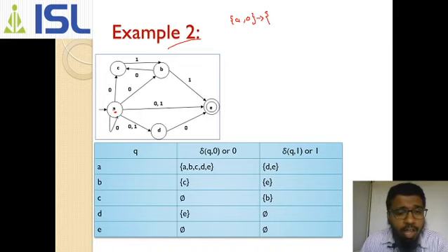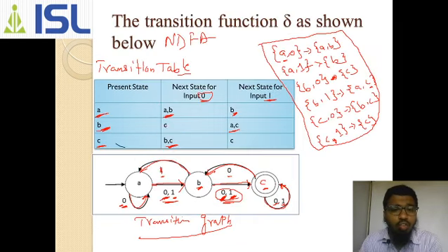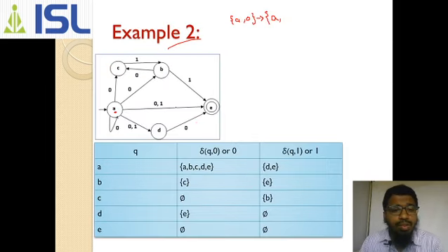Just check it. Here we saw the transition table and drew this. Now we will see the transition graph and write where it is going.